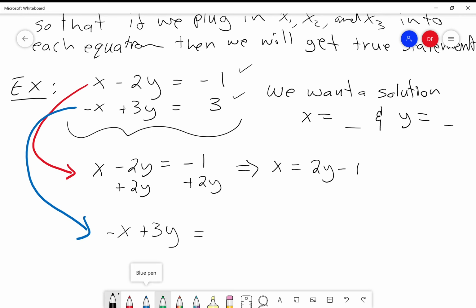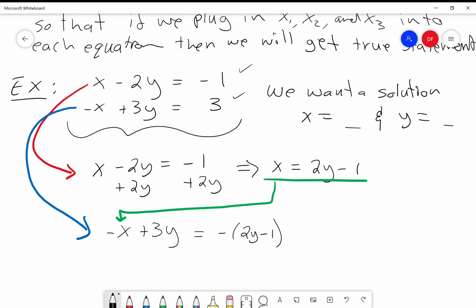What I'm going to do here is take this x and plug it in for this x right here. And when I do that, I get negative (2y minus 1) plus 3y equals 3.